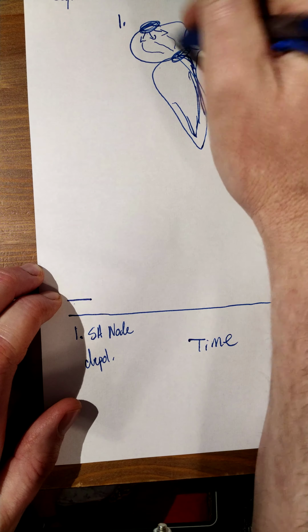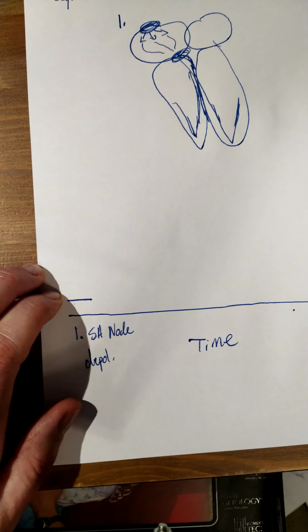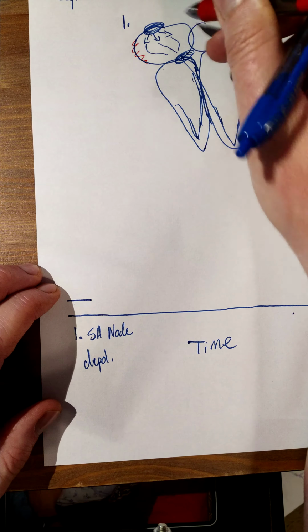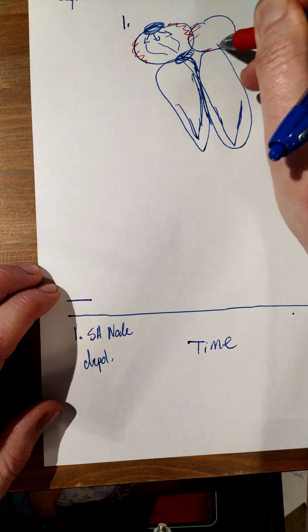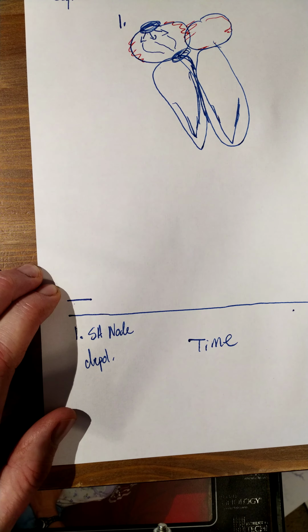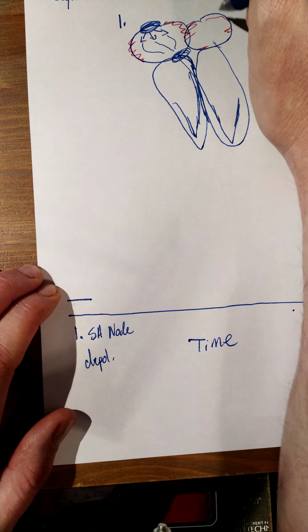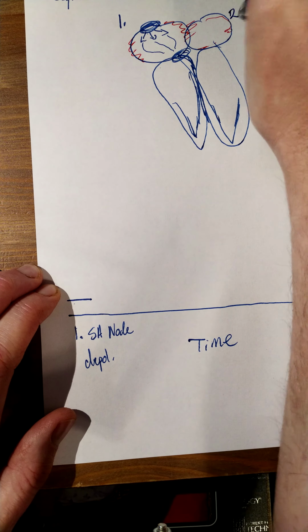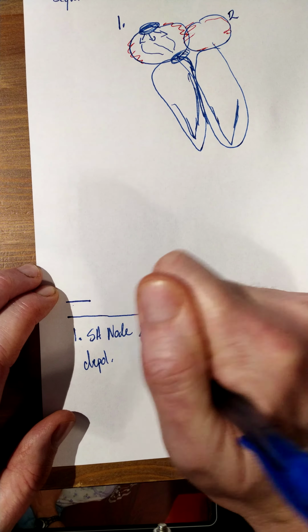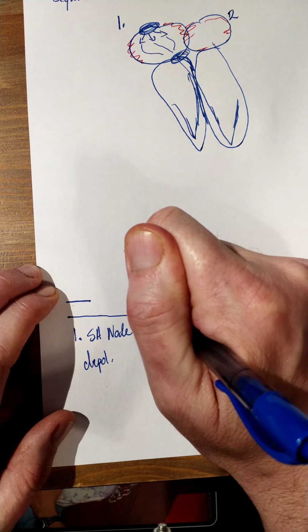And from there, once it encounters there, we're going to start seeing our atria start to depolarize and contract. So once that happens, this is part 2, we see our ECG starting to come up here.